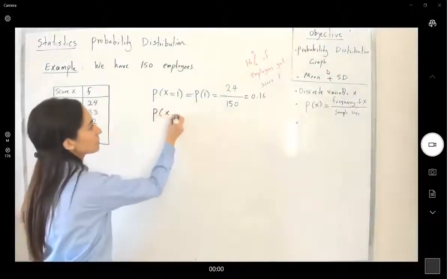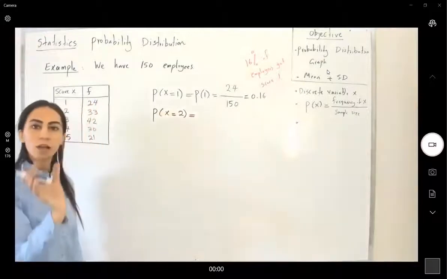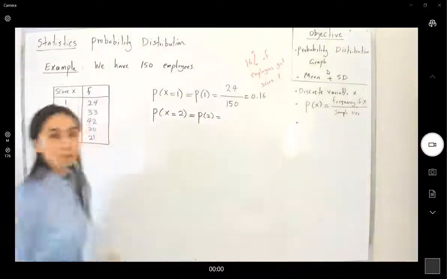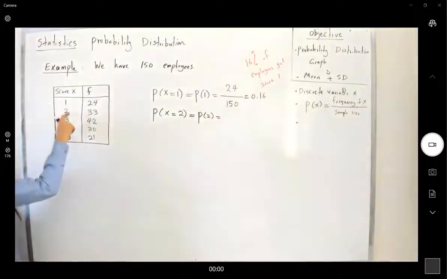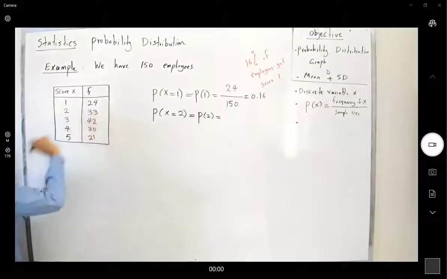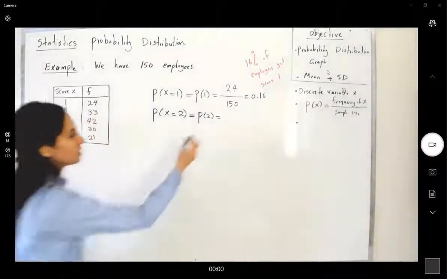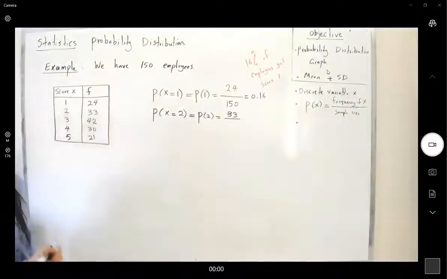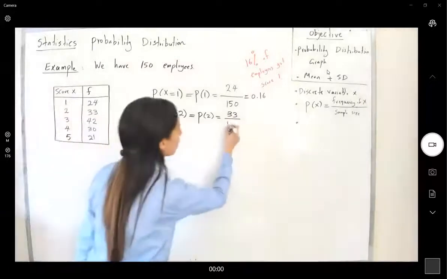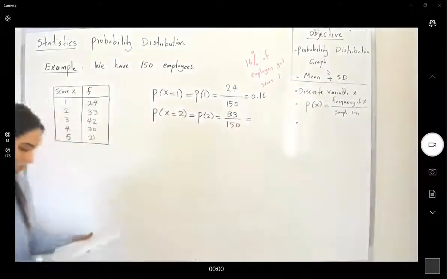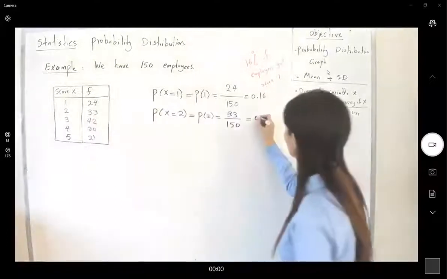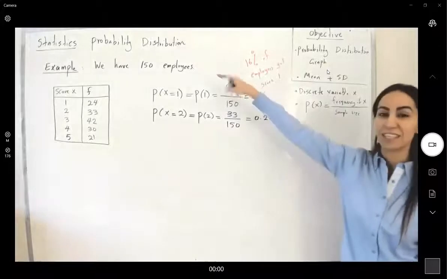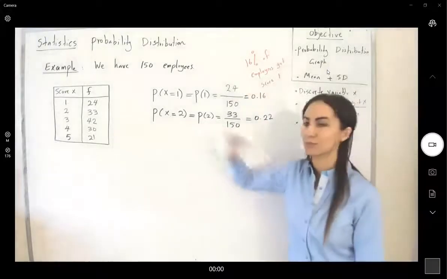What's the probability x is equal to 2? Or in a compact form, what is P of 2? Score is 2. How many? 33. So we got 33 as the frequency of the second category divided by 150. This gives us 22%. So you say that 22% of the employees got score 2.